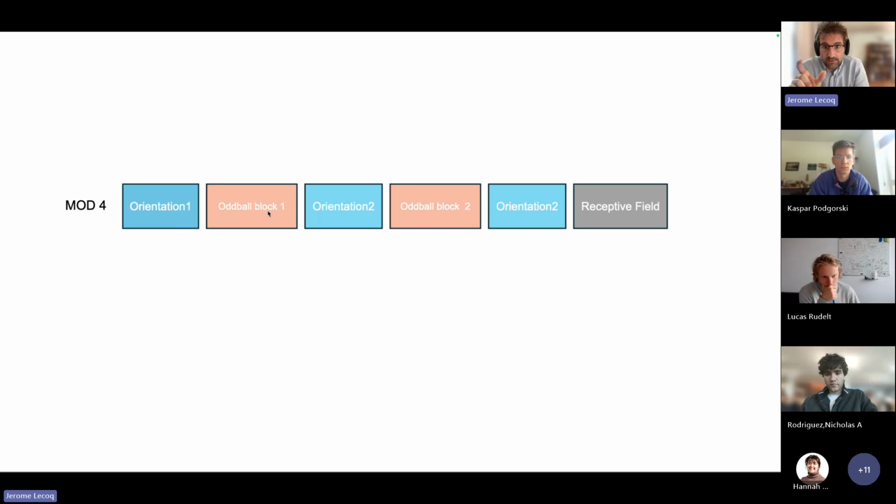Then in oddball block 1, we present the vertical as a standard, and the 90 degrees as the oddball, as we said, as well as a 45 and an omission. So we remove the alt, and we do 30 trials, so that shrinks it a little bit. Then in oddball block 2, we switch: the 90 degrees is now the standard, the 0 is the oddball, and we keep the 45 unaffected.